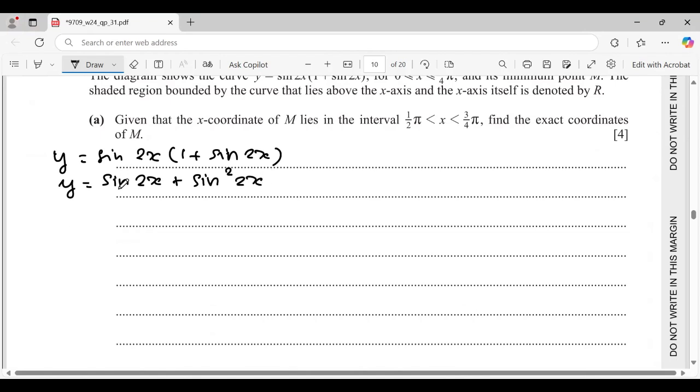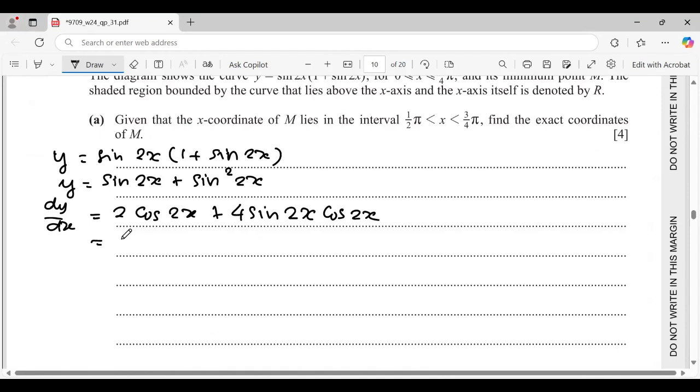So we need to find the critical points by differentiating. Differentiating this function, dy/dx comes to 2 cos 2x plus 4 sin 2x cos 2x.